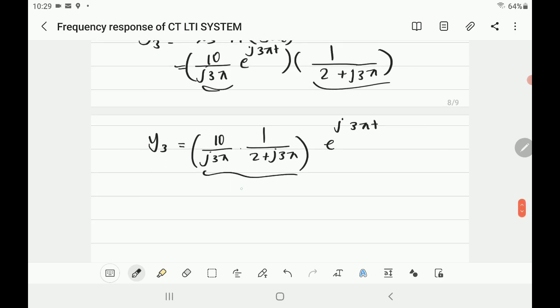Let me just take the magnitude. You will have the amplitude of the third harmonic equal to 10 over 3 pi times 1 over the square root of 2 squared plus 3 pi squared. So that will be the magnitude of the third component.